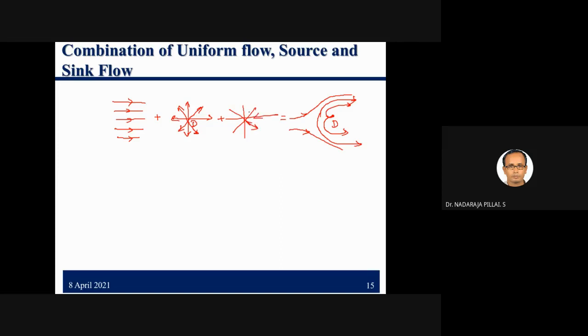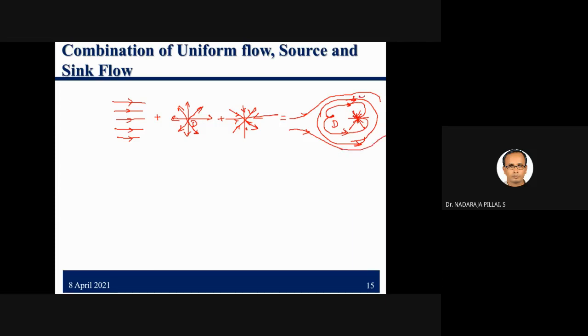Sorry, the sink is in the other direction. So if I have a sink, this comes and closes, and this creates a closed body or an oval body.